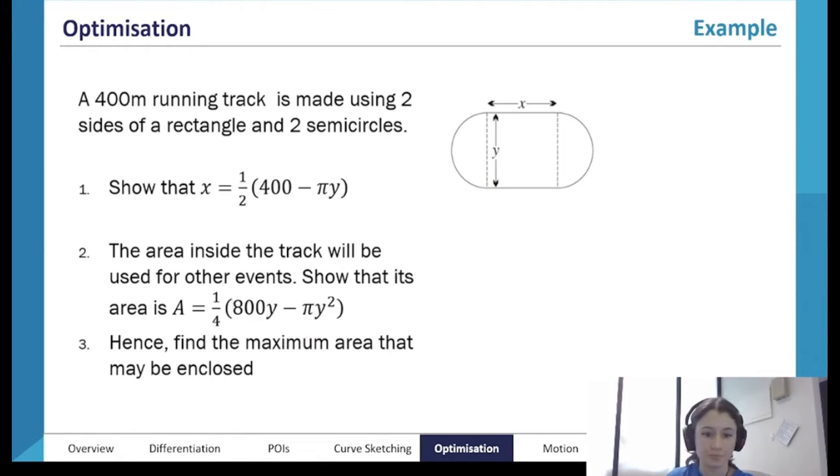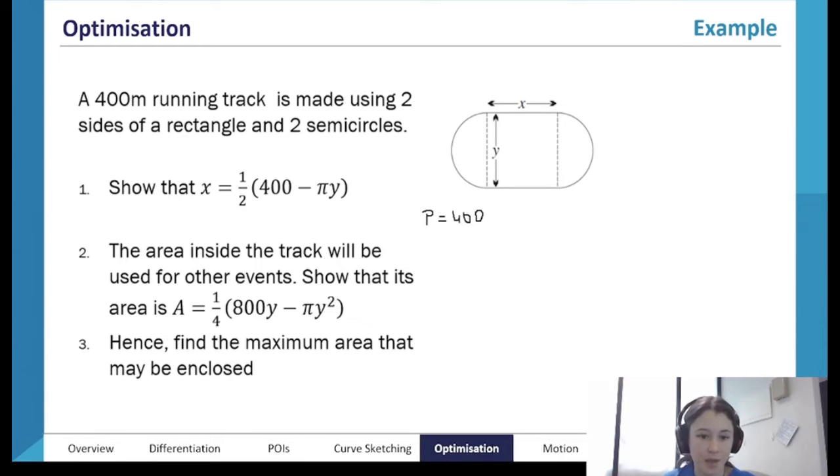So we need a relationship between X and Y. The information that we have is that it is a 400-meter running track, so the perimeter is 400.